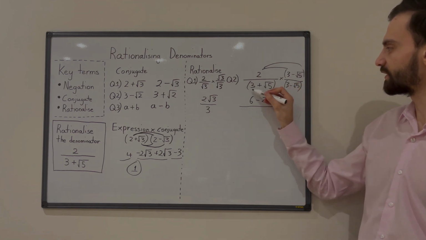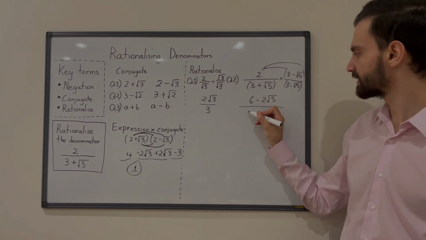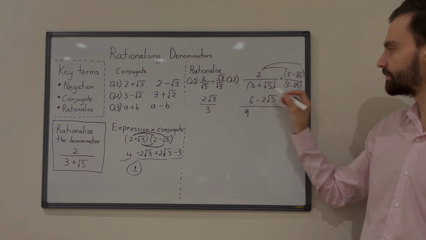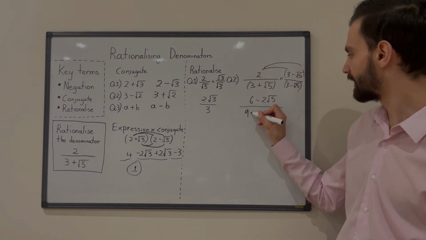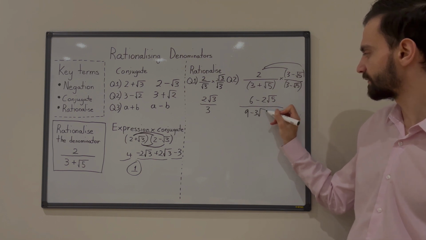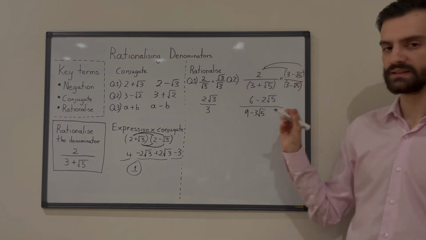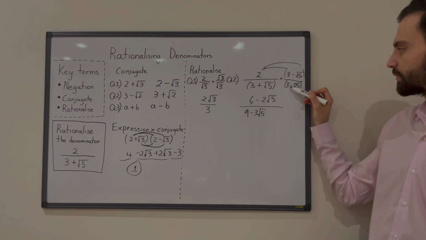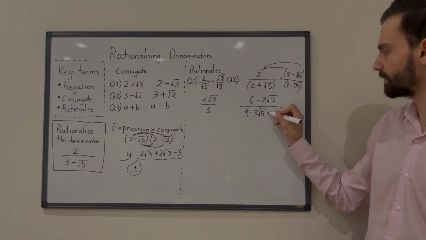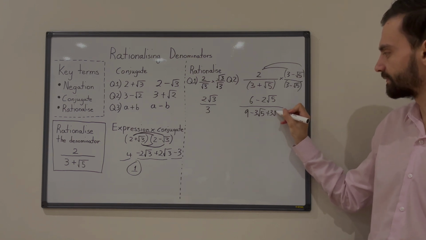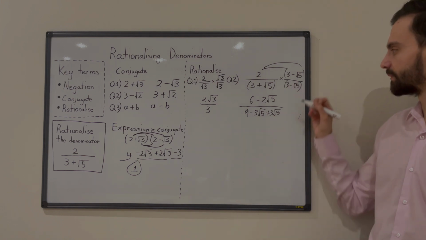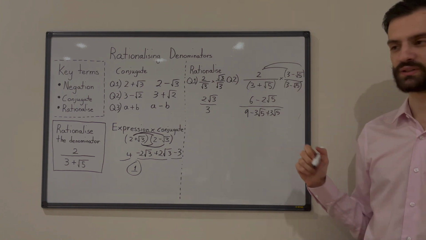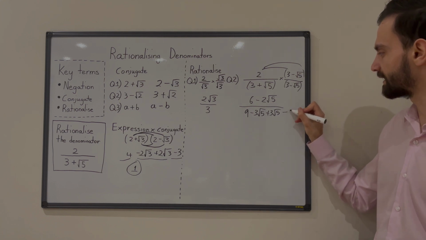We're going to have 3 multiplied by 3, which is 9. 3 multiplied by minus square root 5, which is minus 3 square root 5. Square root 5 multiplied by 3, which is positive 3 square root 5. And finally, square root 5 multiplied by minus square root 5, giving us minus 5.